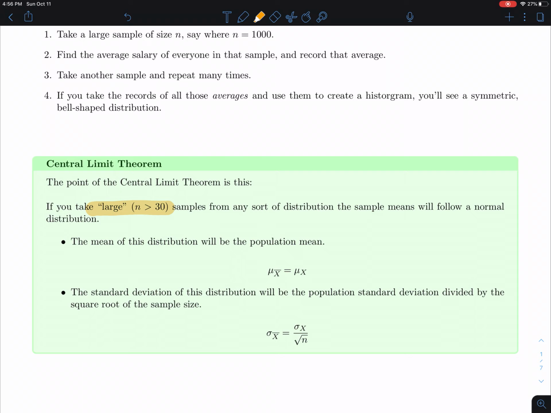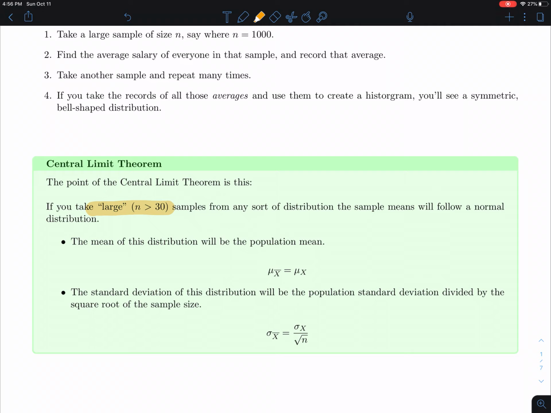But if you're not sure if the data is normal, or if you know for certain it's definitely not normal, you take a sample of 30 or more things from this distribution, and then we take the sample means of all those samples. So if we tested 35 things, then we'd have 35 sample means. Those 35 sample means would actually form a normal distribution.